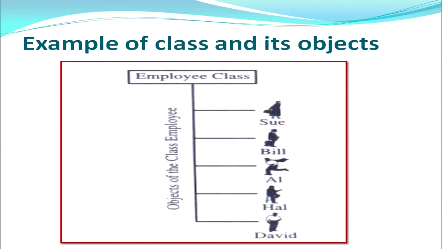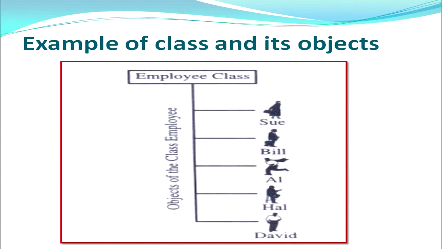This figure shows you an example of a class employee, and you can see the various objects created out of the same class employee. All these objects are the people working in that particular organization. They all have common features, like each employee will have a name, an ID, an address, the date of joining, his salary and so on.